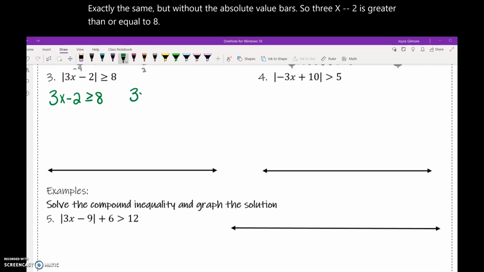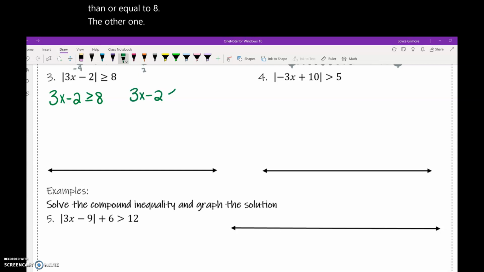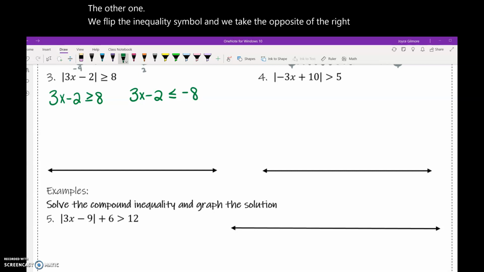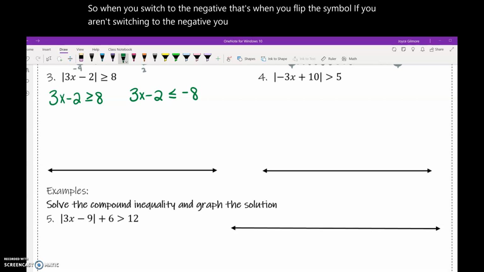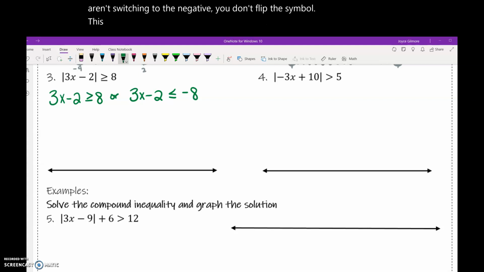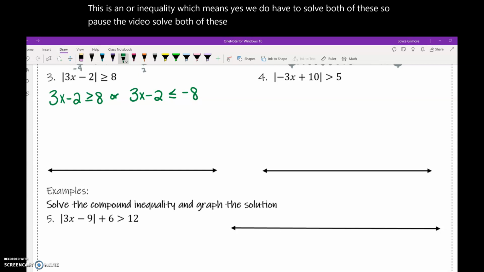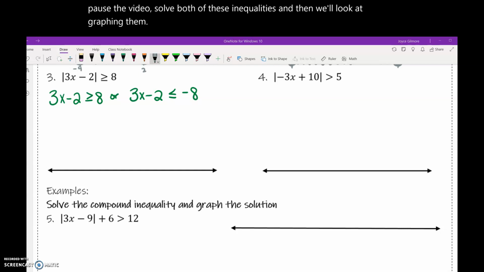The other one, we flip the inequality symbol and we take the opposite of the right side. So when you switch to the negative, that's when you flip the symbol. If you aren't switching to the negative, you don't flip the symbol. This is an OR inequality, which means, yes, we do have to solve both of these. So pause the video, solve both of these inequalities, and then we'll look at graphing them.